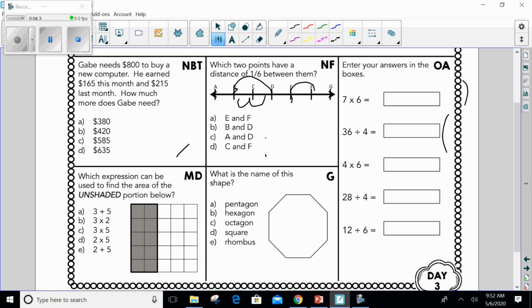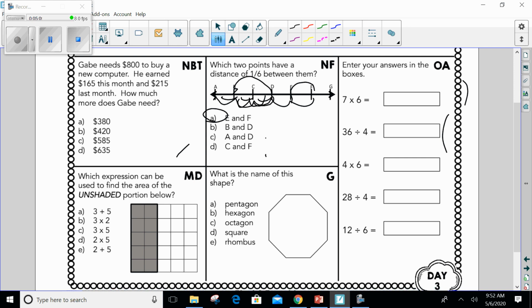It's 2/6 between it. How about A and D? 1, 2, 3 jumps between them. That's 3/6. C and F? 1, 2, 3 jumps between them. So our answer is E and F. There's only 1/6 of that line that separates E and F.